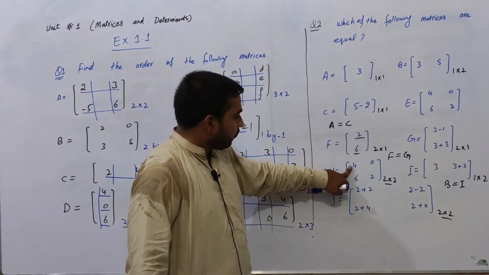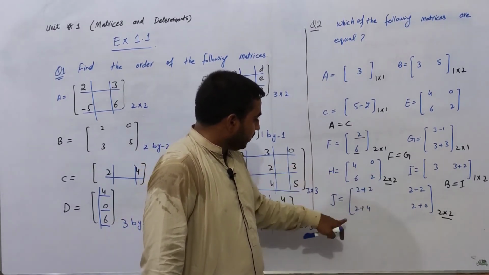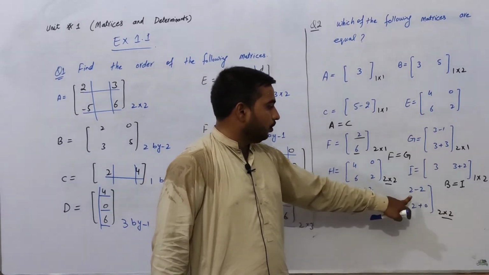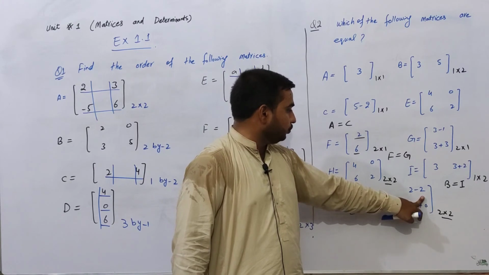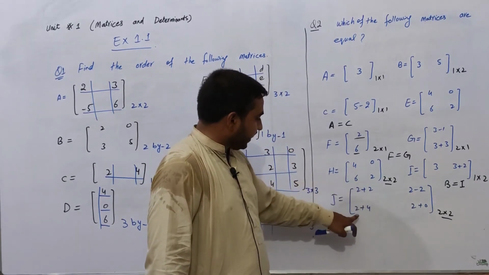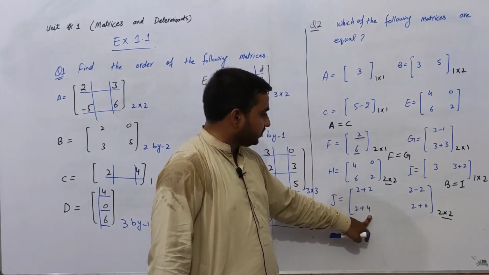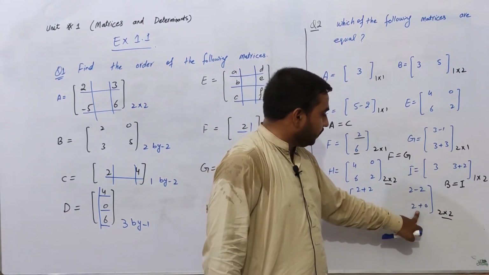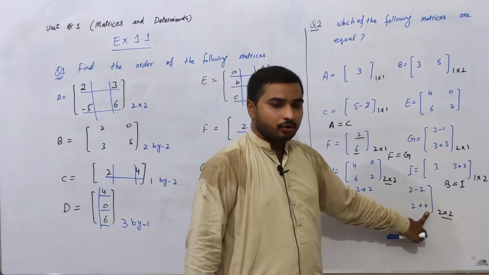The first row has 4 and 0, and J has 2 plus 2 is equal to 4, 2 minus 2 is equal to 0. Now 6 and 2 plus 4 is equal to 6. Here is 2, and in J, 2 plus 0 is equal to 2.